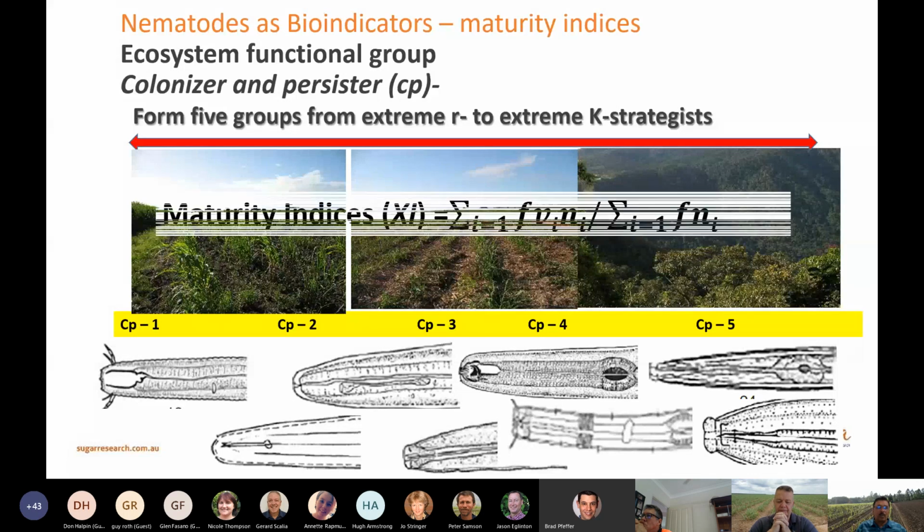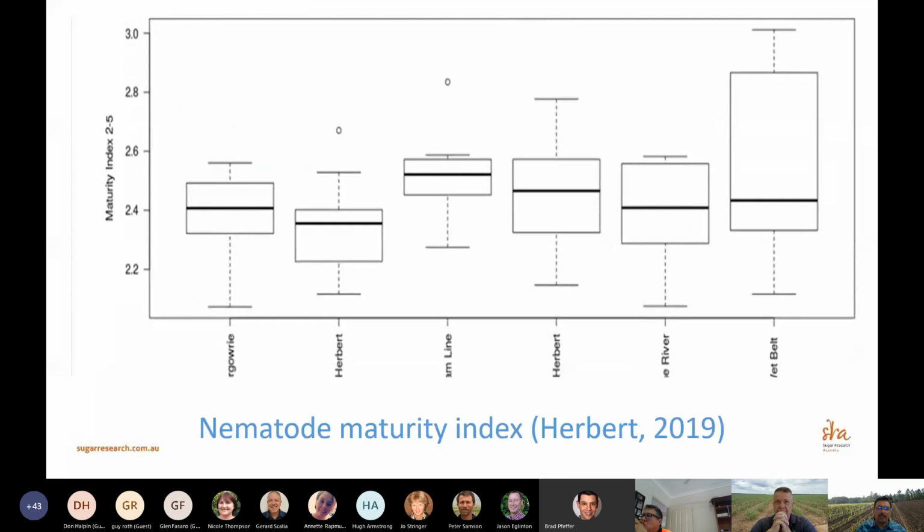So let's move on. You can use about 20 different indexes to do the soil test and measure soil health. This is one of the tests that we have done. This is the result of the Harvard survey work. We measured the nematode maturity index, or soil maturity index.